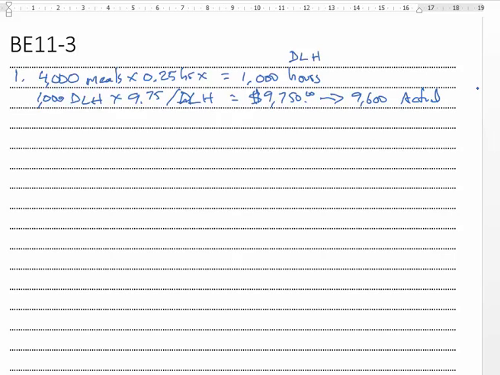So we have a total direct labor variance of $150, and in this particular case it is favorable because we actually spent less than we had planned, sorry.